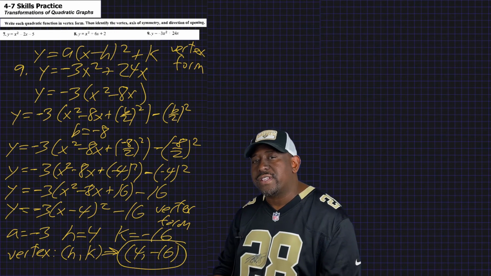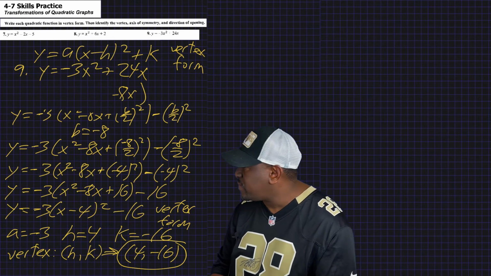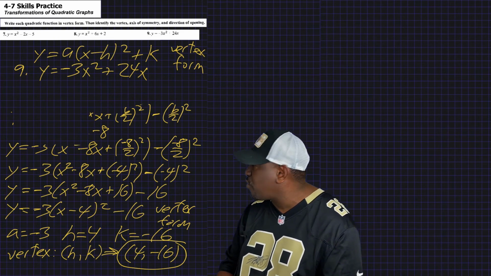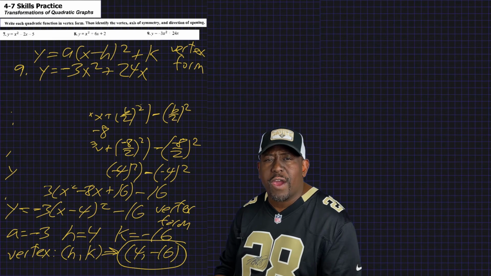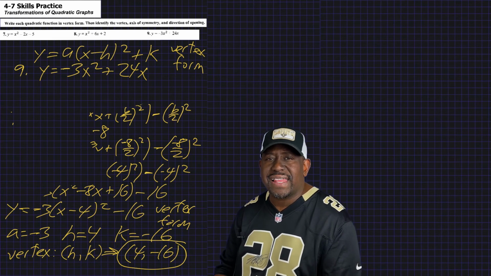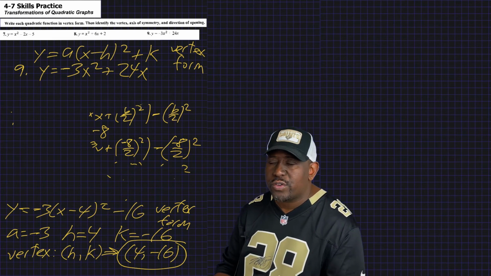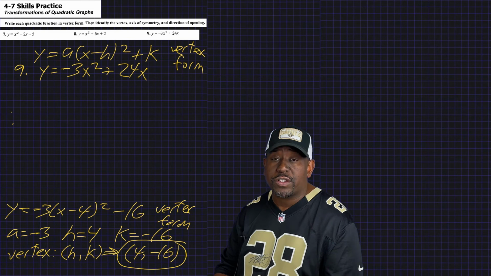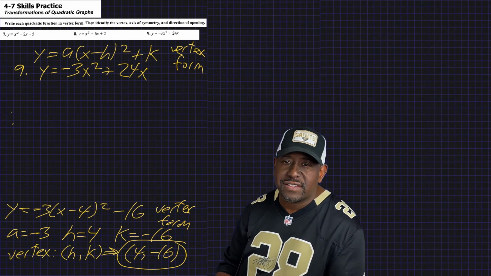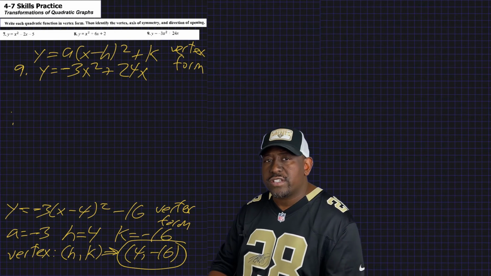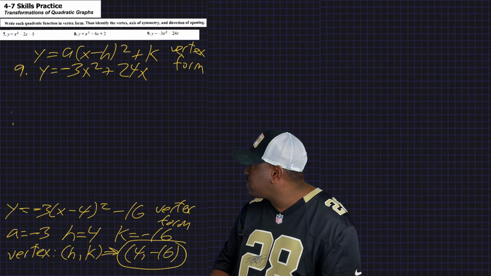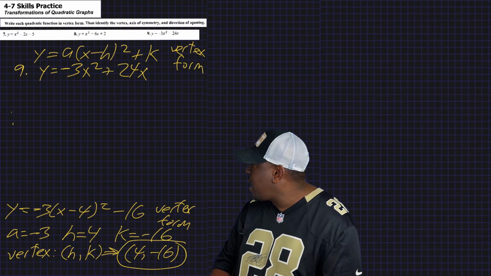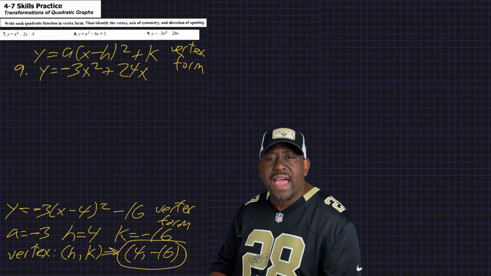So now we're going to get the axis of symmetry. Like the last problem, we've got to create some space. So we're going to erase some of our work that allowed us to get our vertex form. And we'll keep the vertex form there because we need it in order to get the axis of symmetry and the direction of opening. So again, we erase that stuff, and we will now get our axis of symmetry.